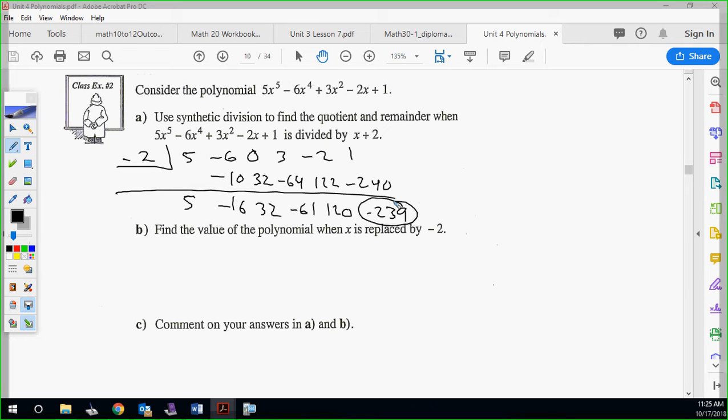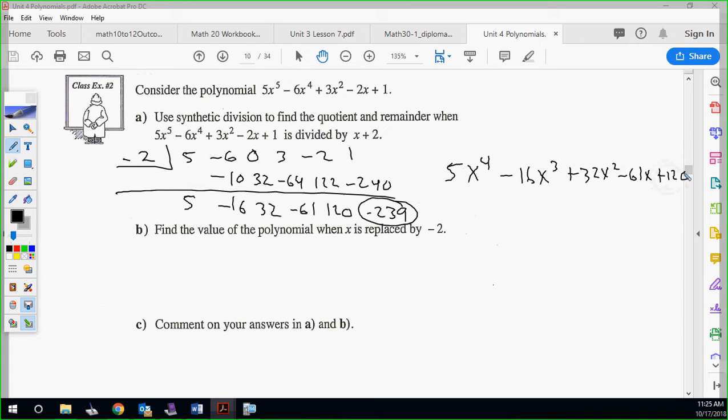Good. Find the value of the polynomial when x is replaced by -2. Oh, we have to find the quotient too. So the remainder is -239, and the quotient is 5x^4 minus 16x^3 plus 32x squared minus 61x plus 120.